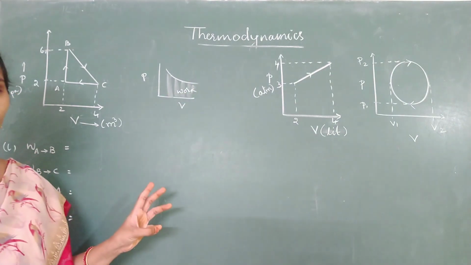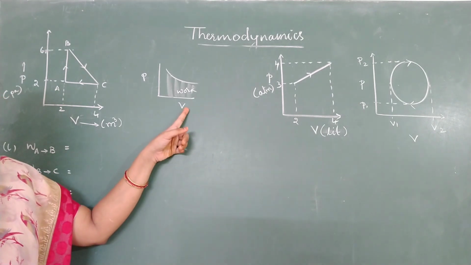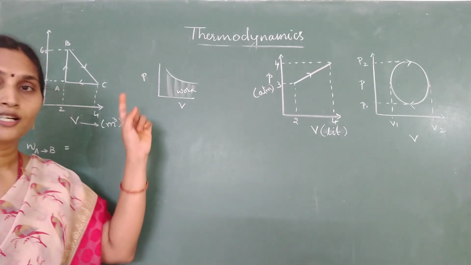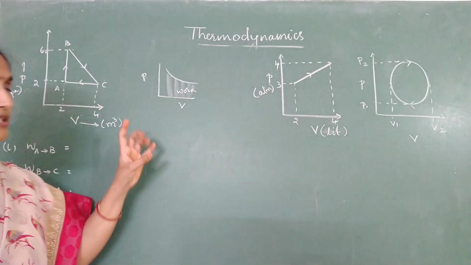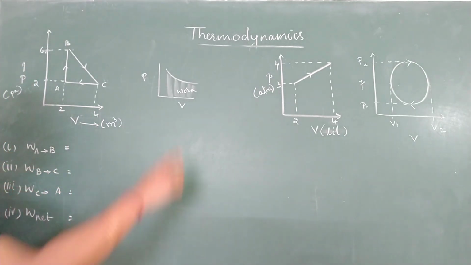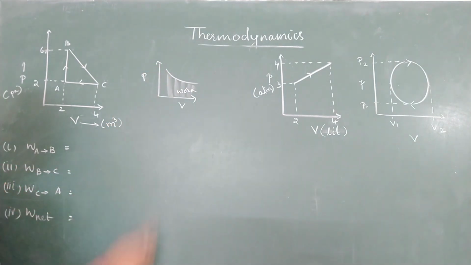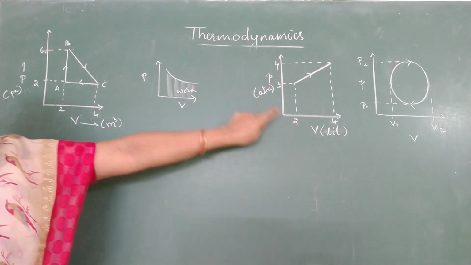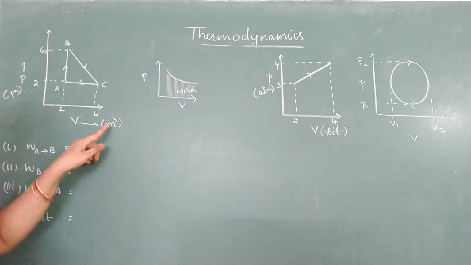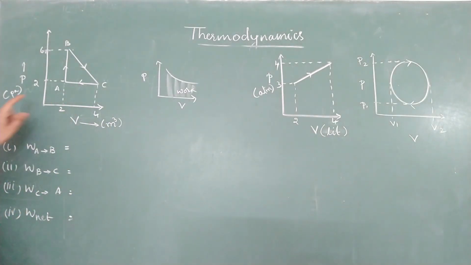Check this first, because sometimes they give pressure on the x-axis and volume on the y-axis. So please check before you solve. Second is units, whether the given data is in the SI system or some other system. Like here I have given liter atmospheres; in this case it is meter cube and Pascal. After you check this, start solving the question.